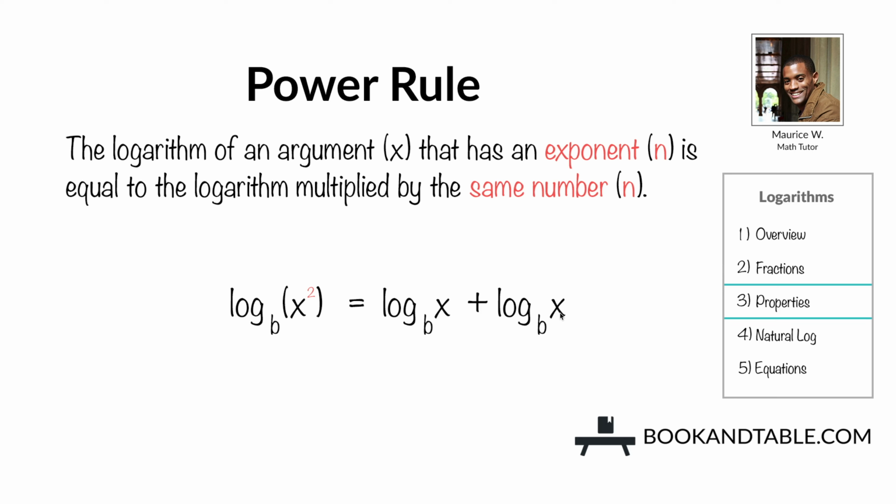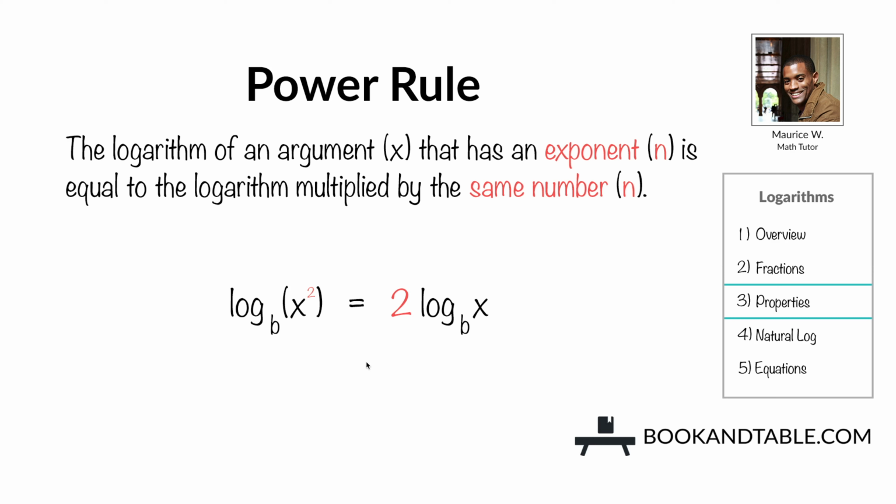This is the same as 2 log base b of x, since we had two of them. So we see we started with the log of base b of x squared, and that is equivalent to taking this exponent 2 and moving it to the front of the logarithm, which would give us 2 log base b of x.